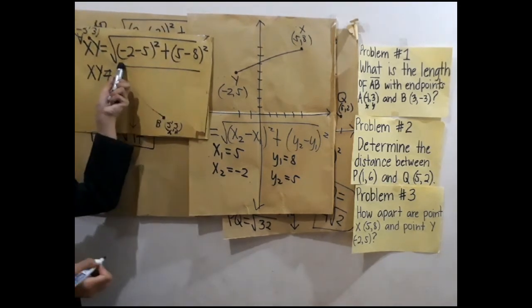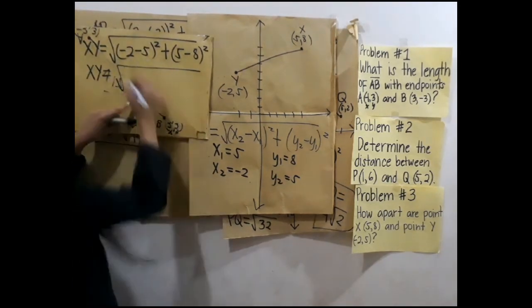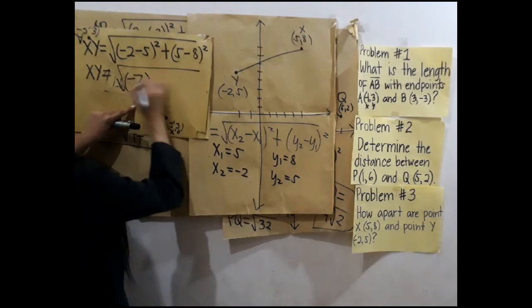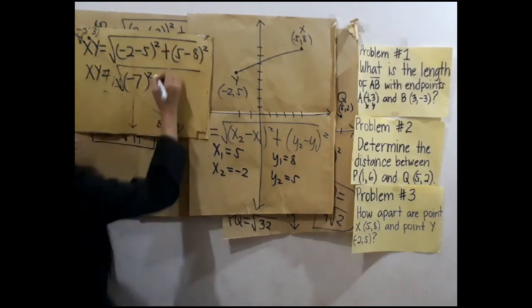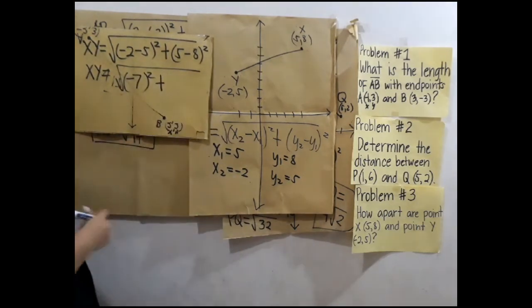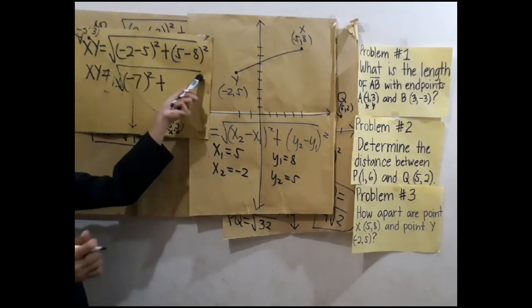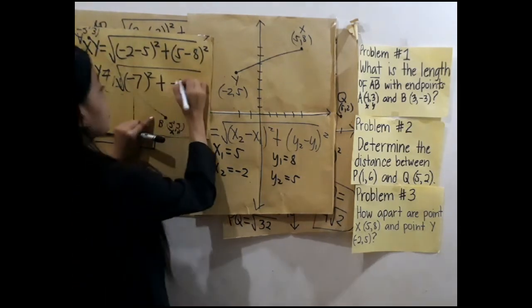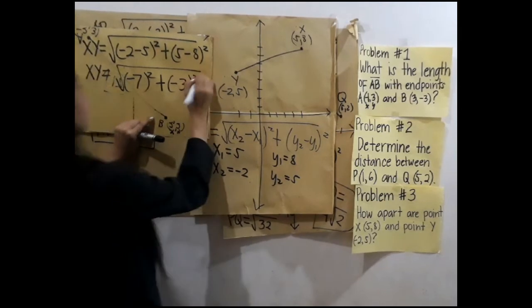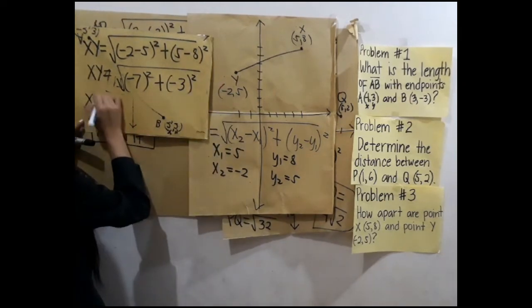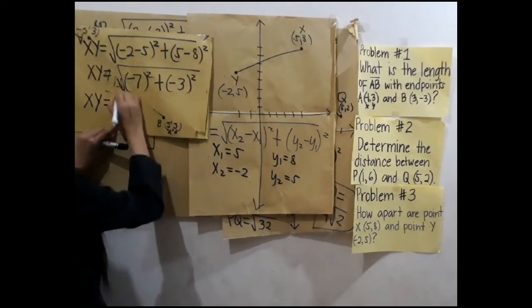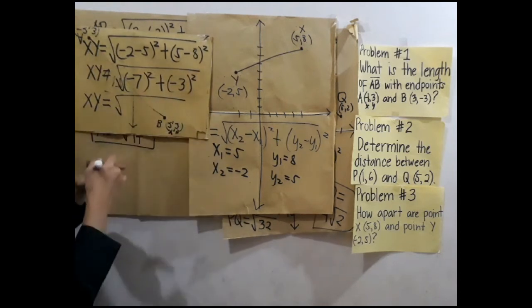So let's proceed. Copy again the radical sign. Negative 2 minus 5 is negative 7, squared. Copy the sign, plus, and then 5 minus 8 is equal to negative 3, squared. Copy again the radical sign.